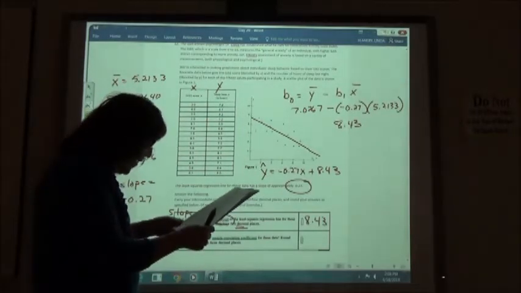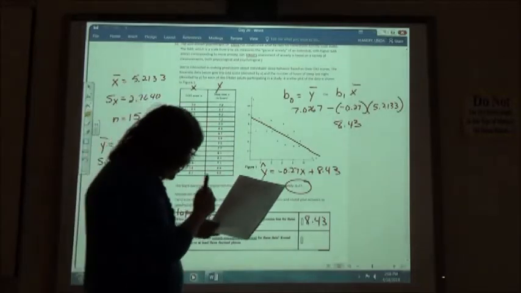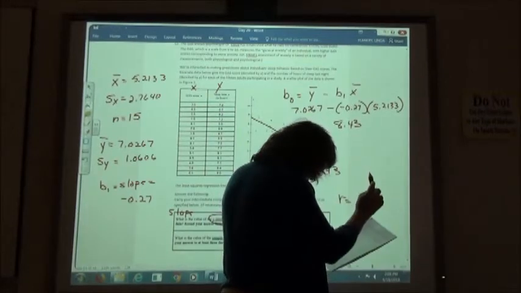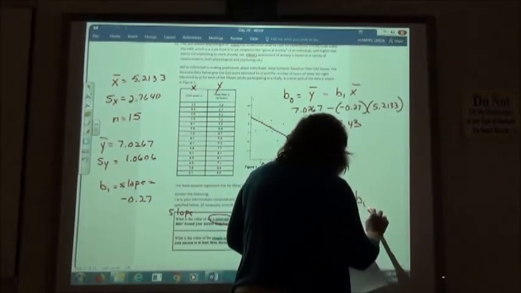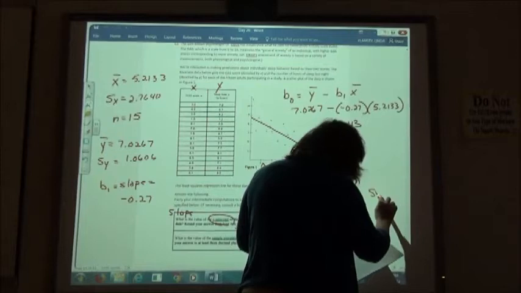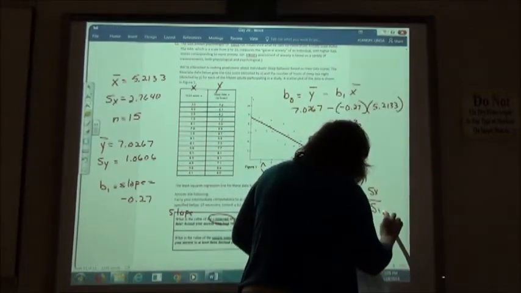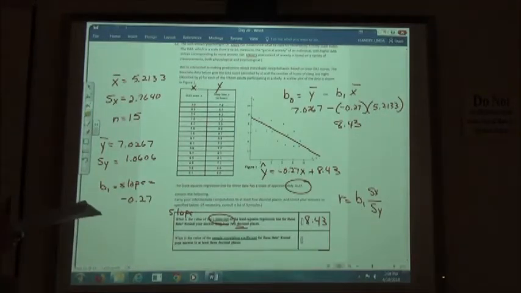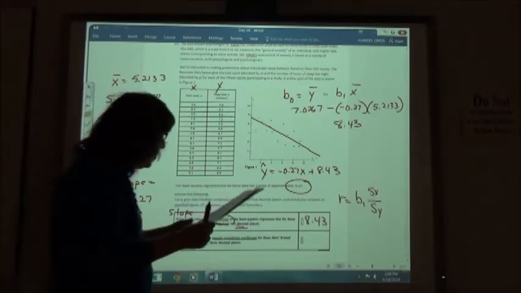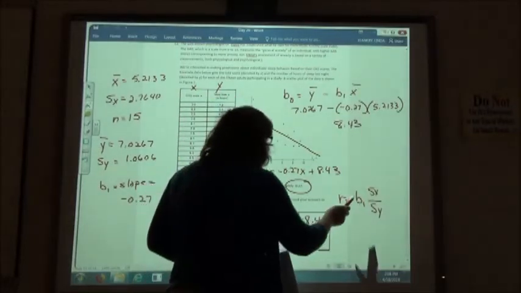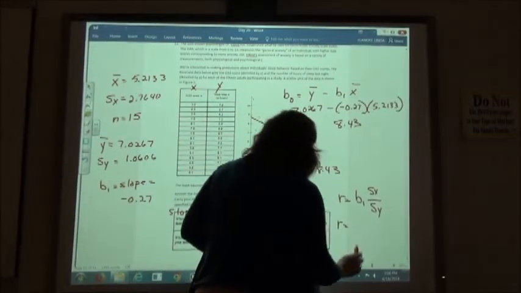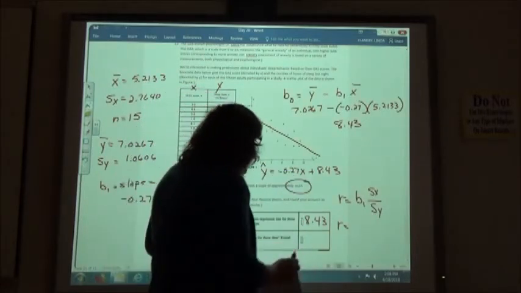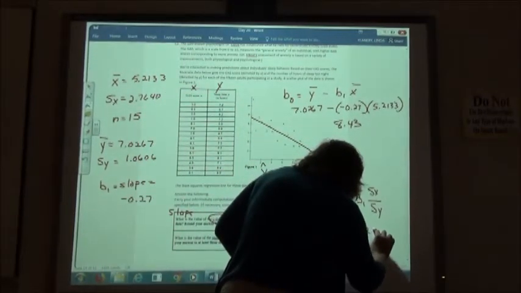And so in order to find your sample correlation coefficient, we're using the formula that R is equal to B1 times the standard deviation of X divided by the standard deviation of Y. So in this case then, R is going to equal B1. B1 is my slope that they gave me, negative 0.27.